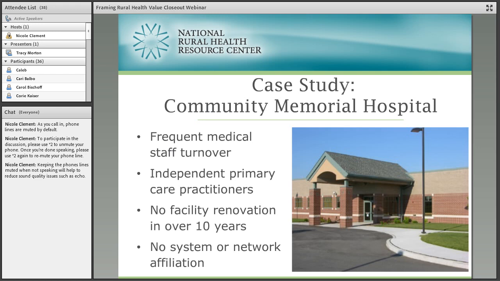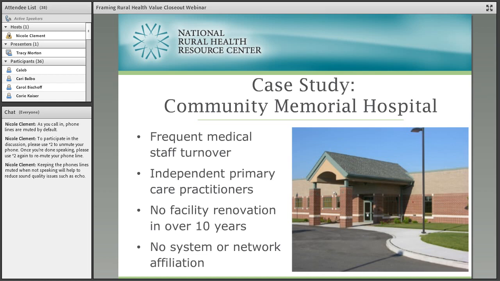I'd like to take a minute, before we start reviewing the top recommended interventions and having a discussion with our panelists, to remind you about what was happening at the case study hospital, Community Memorial Hospital. They had frequent medical staff turnover. They had independent primary care practitioners that weren't necessarily aligned with the hospital. The facility hadn't had any renovations in over 10 years.